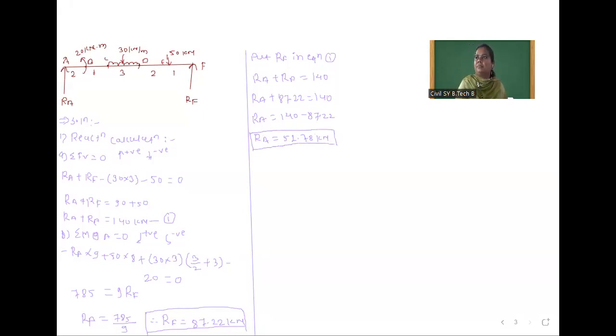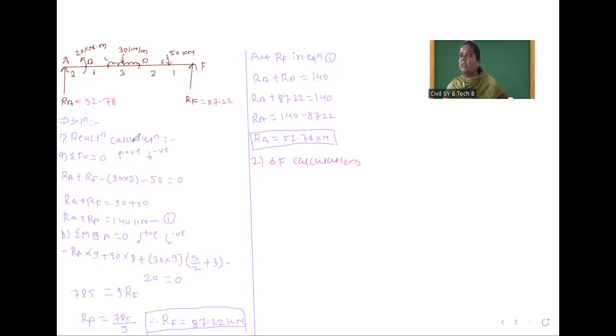Next step is shear force calculations. I will write the values here: RA is equal to 52.78 and RF is equal to 87.22. Okay. So we write the shear force at A according to our sign convention.